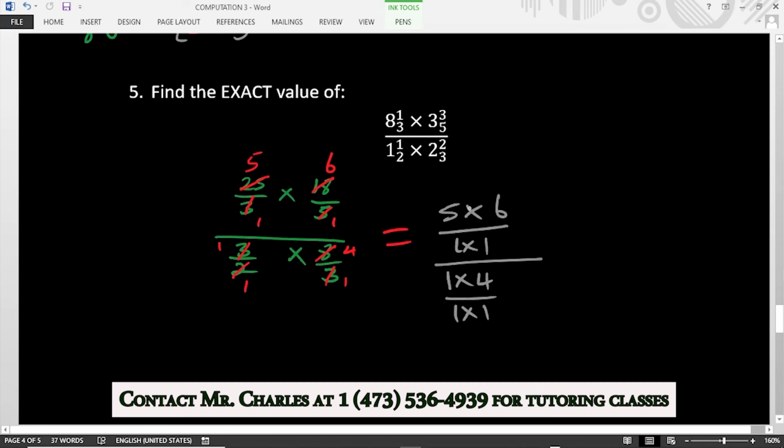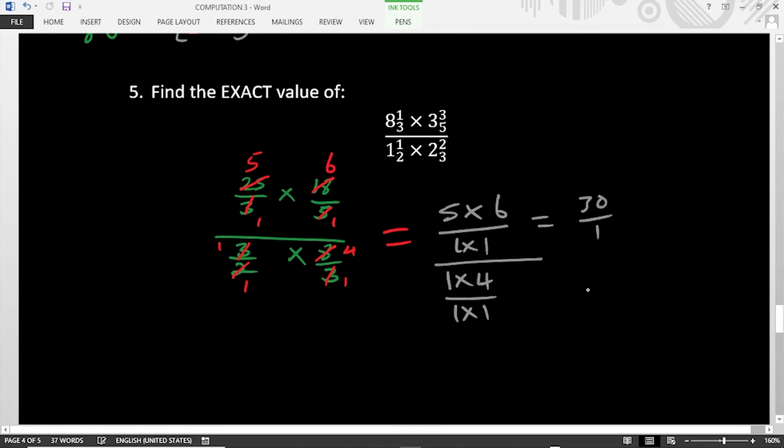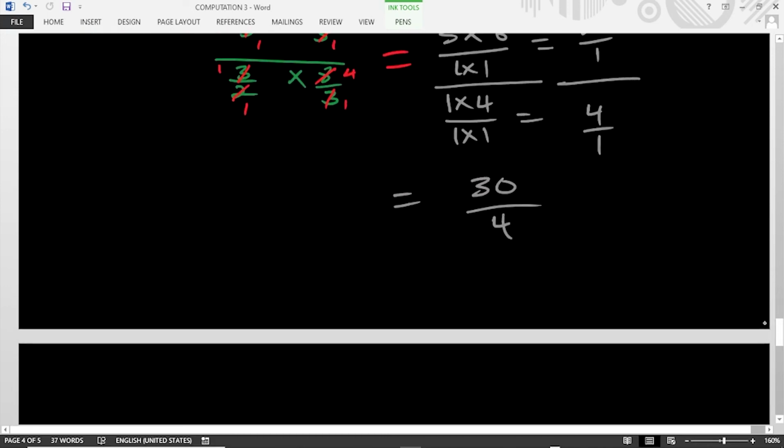So we get 5 times 6 over 1 times 1, that's equal to 30 over 1, and down here we would get 4 over 1, right? So 30 over 1 is the same as 30, and 4 over 1 is the same as 4, so 30 over 4. Okay, and then we can take that 30 over 4 and convert it into a mixed number.